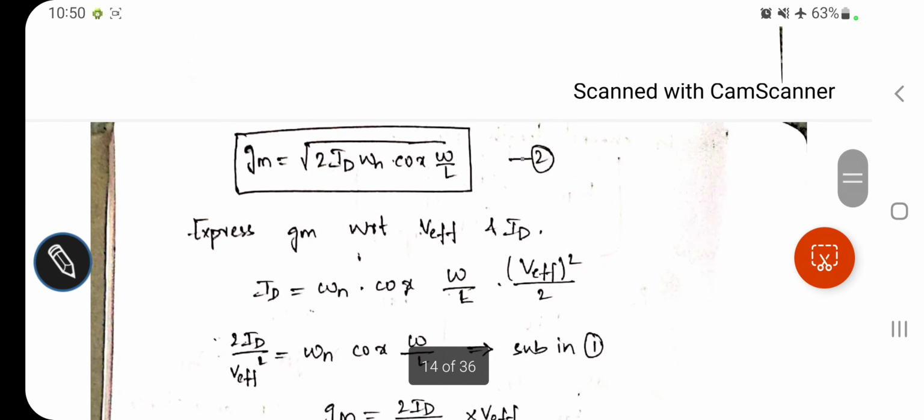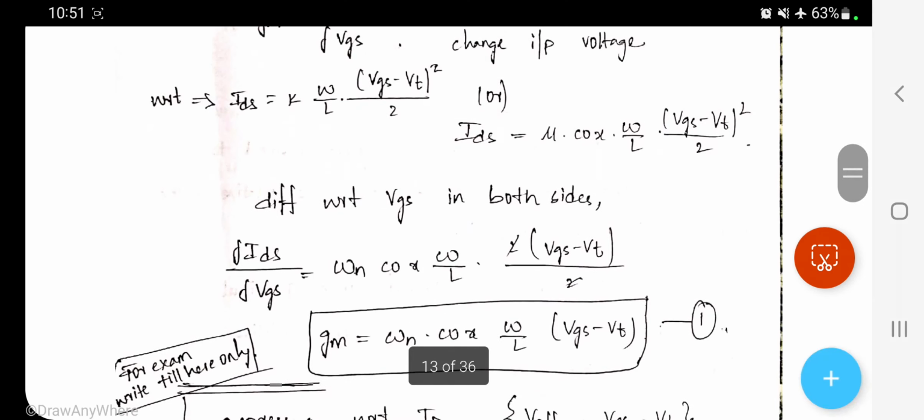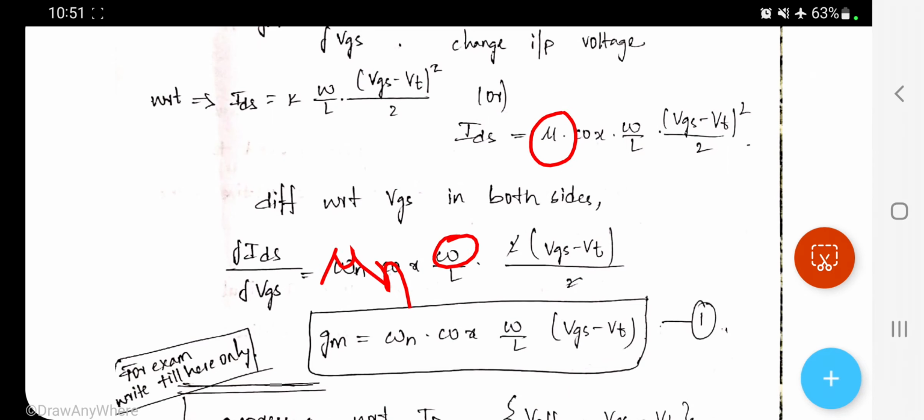We can write GM as the transconductance. Here it is written as W n, but this mu n is the mobility of the electrons; this mistake was made in writing.